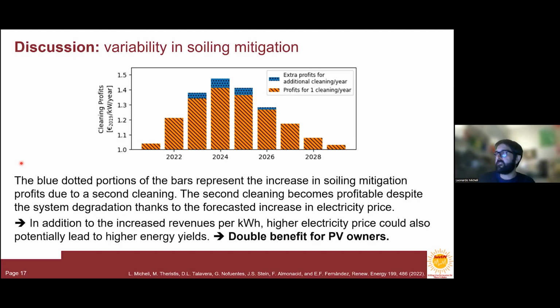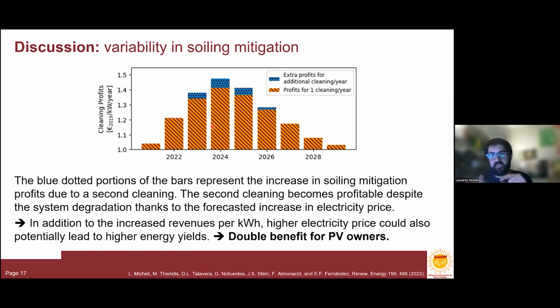What that means is that on top of the additional profits due to the higher electricity prices, what we will see in future is that the system will become more and more efficient because soiling will be more and more mitigated, because owners and operators will be rewarded with more money for each kilowatt hour of energy they produce.